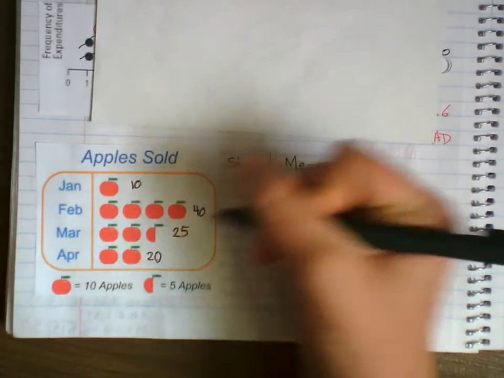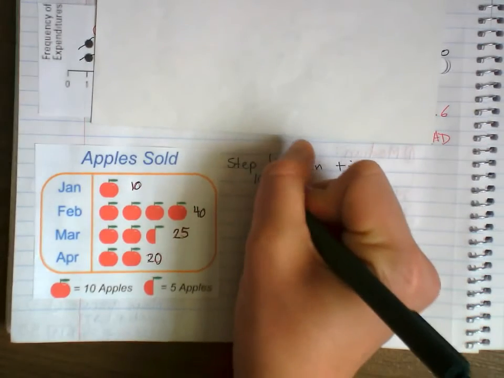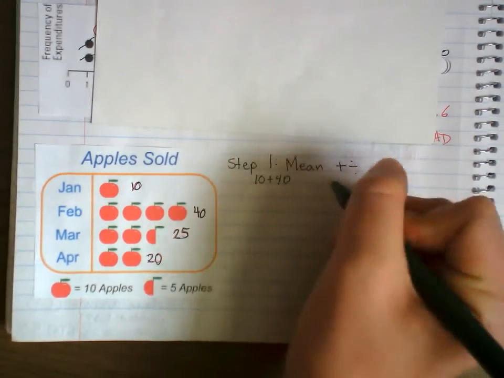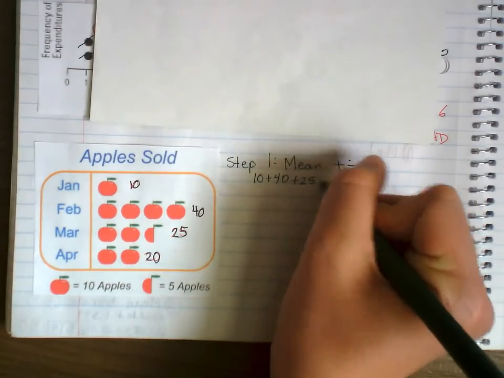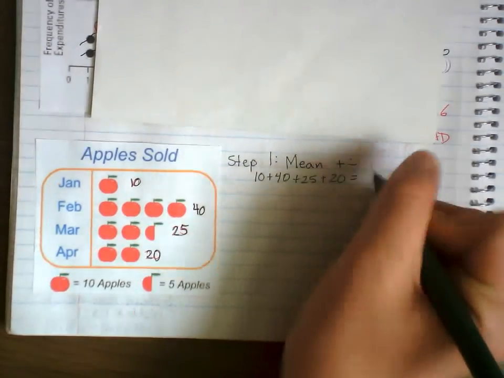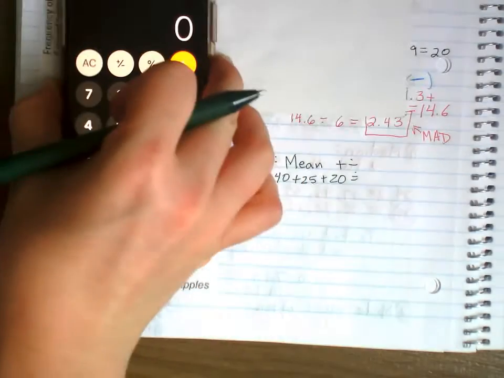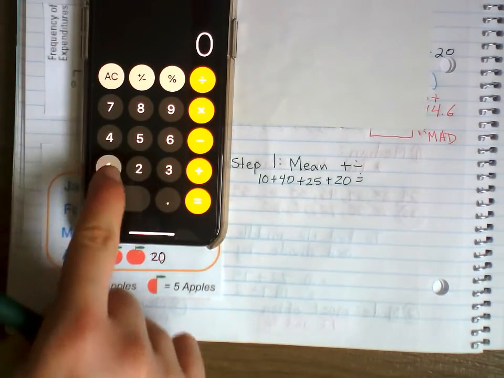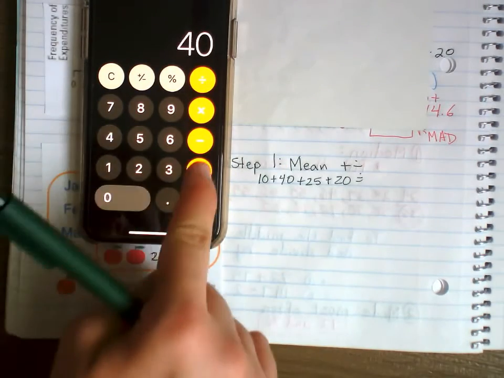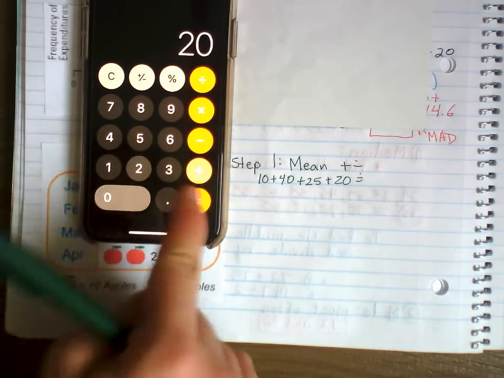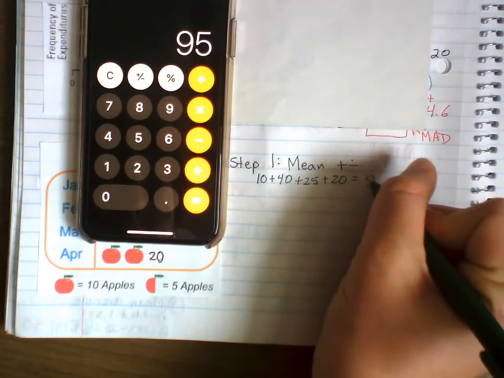So add them up. 10 plus 40 plus 25 plus 20 is 95.